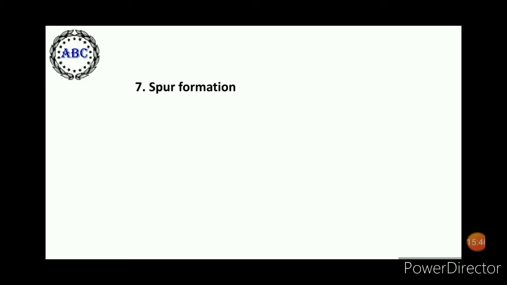If the terminal buds are treated with NAA, it prevents the formation of elongated branches and increases the number of short branches or dwarf branches, which are called spurs. This leads to the development of more flower buds and fruits. Thus it increases the product of commercial importance and profit to the cultivators by spur formation.